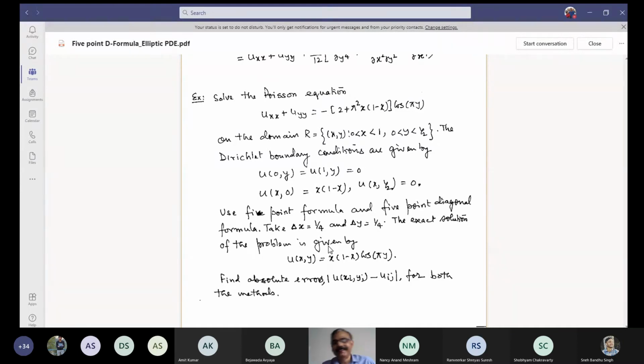Vardhan is there or not? Snehabandhu? So shall I move further to the parabolic PDE?